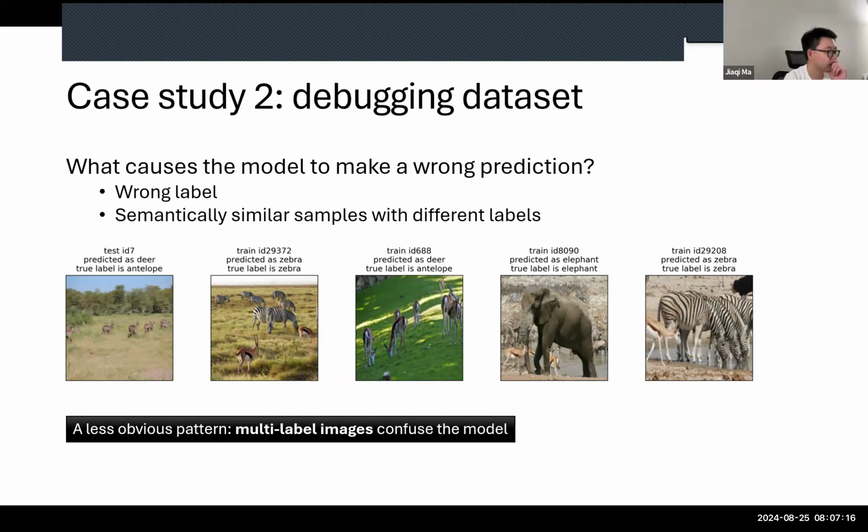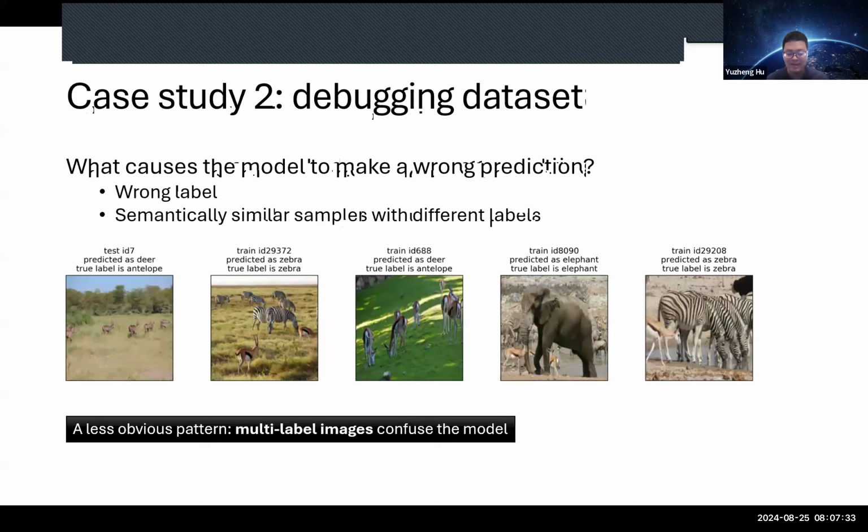from giving a high value to this ground truth label. And if you look at the labels that the neural network actually predicts, then it is also very interesting, right? Because we can try to find those samples that help to boost the model's prediction on this particular class. We can try to understand what samples really confuse the model into making a wrong prediction.